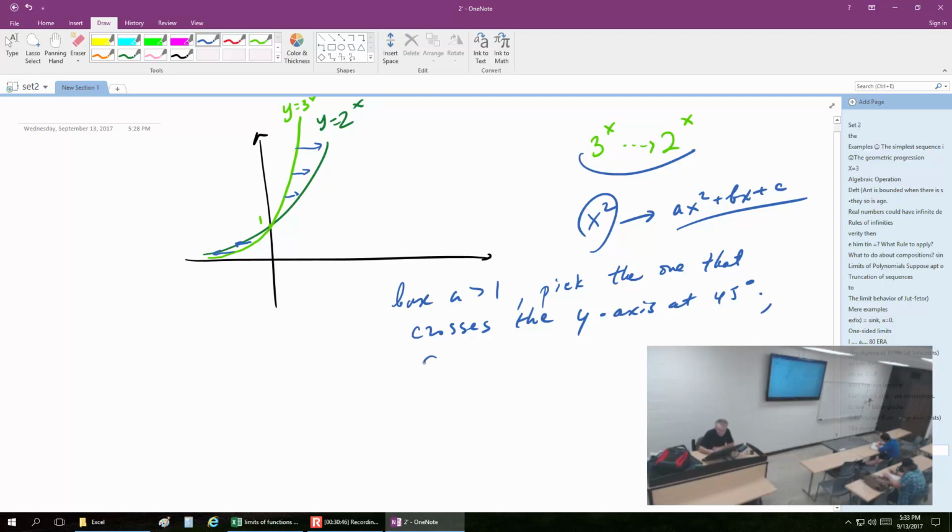In other words, the slope is 1. Okay, so like this. And over here, this is 45 degrees. That's the one we pick. So what's the base? The base is e.